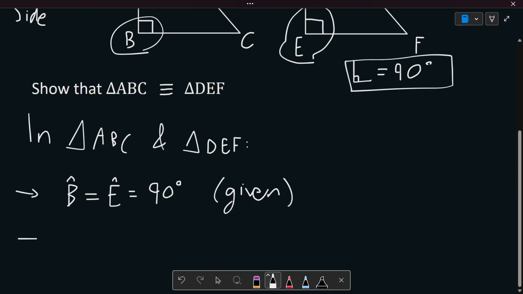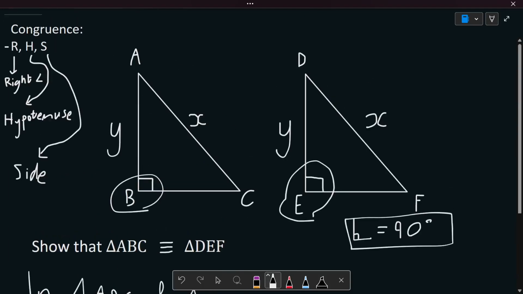Now our next one over here is the hypotenuse. Remember I said it's the side that's opposite the right angle, which is going to be X in this case, or AC. So on triangle ABC, we have AC, which has a value of X, and in triangle DEF, side DF, which is the hypotenuse, has a value of X as well.